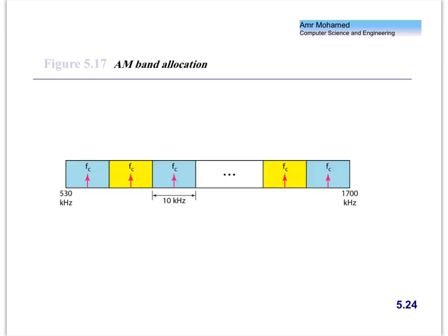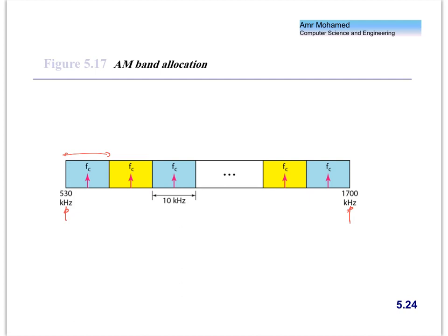In AM radio, as an example, if you switch to AM, it deals with analog broadcast of the voice, and it ranges from 530 kilohertz to 1.7 megahertz. As we said, our voice has a bandwidth of 4K.